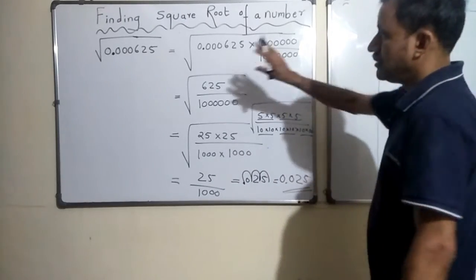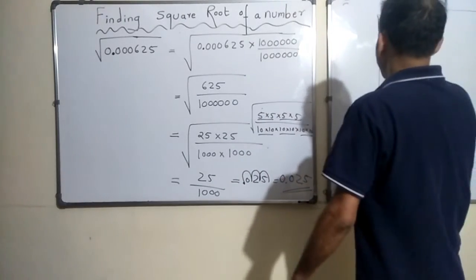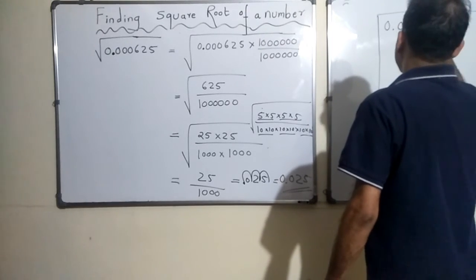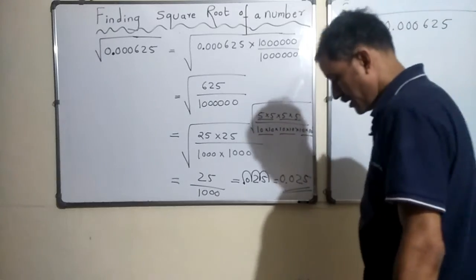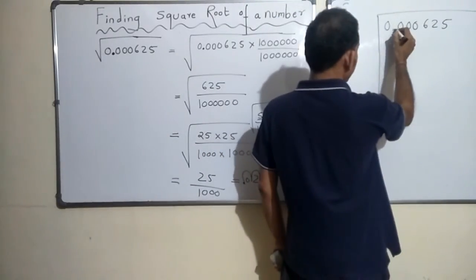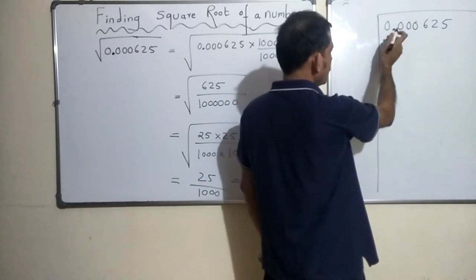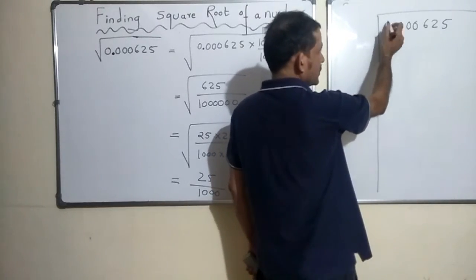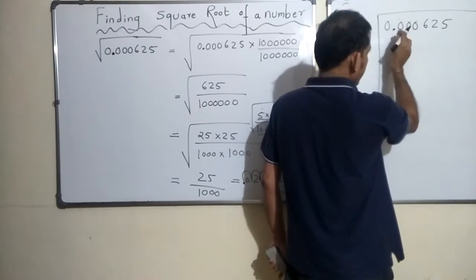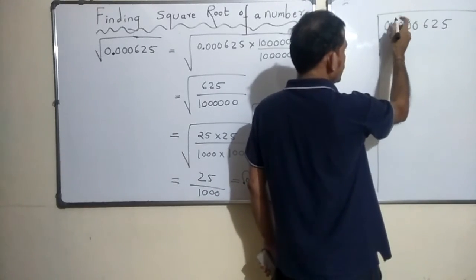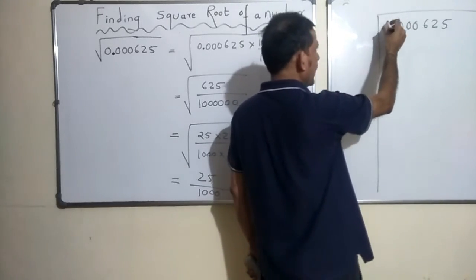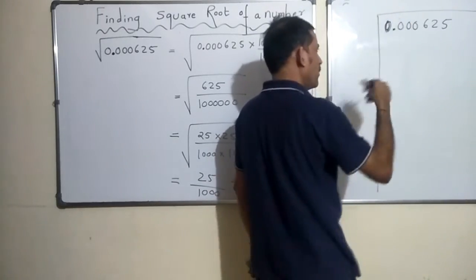We don't simplify it, we just write it as it is, 0.000625. Okay. Now we again group, remember we were grouping to the left and right side of the decimal. To the left of the decimal there is only one digit, so there is nothing to group, we just leave it as one in a group.